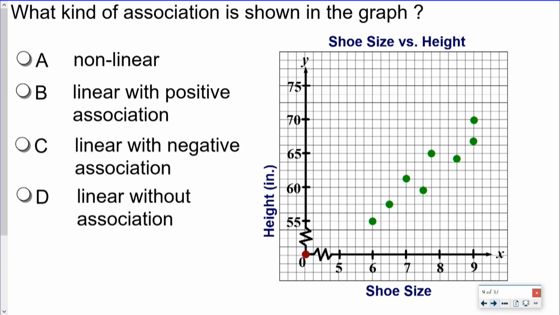Looking at the shoe size versus the height measured in inches, the shoe size ranged from 5 to 9 and the height ranged from 55 to 75 inches. As the shoe size increased, the height in inches increased as well. So that leaves me with a linear scatter plot with a positive association.